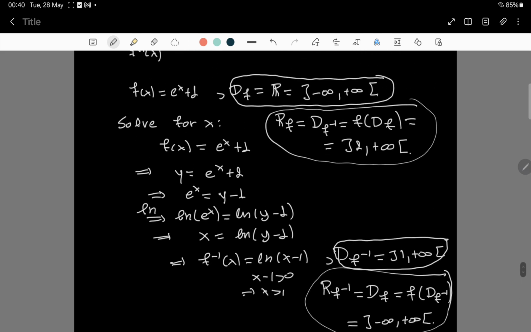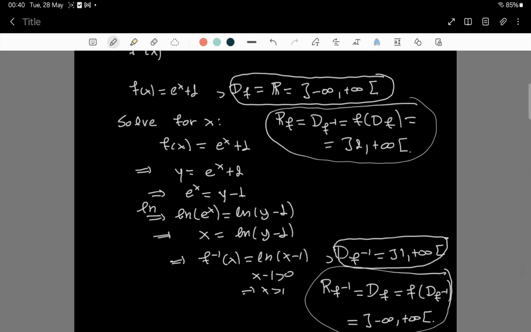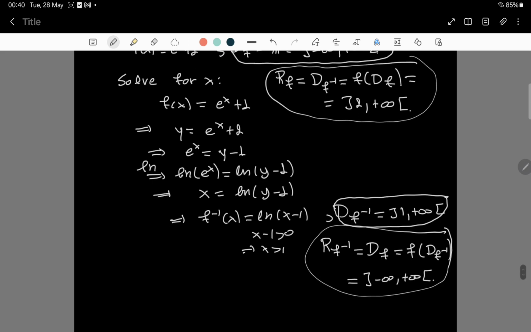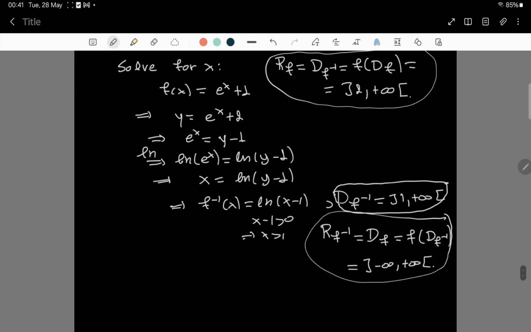So the domain of the function f is the set of real numbers. The range of the function f is the domain of the inverse function, (1, infinity). The domain of the inverse function is (1, infinity). The range of the inverse function is the domain of the function, which is (minus infinity, infinity).